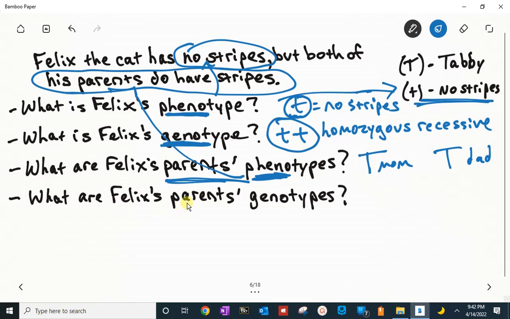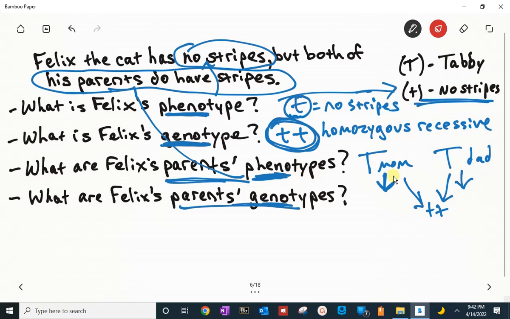Now, what are Felix's parents' genotypes? So now we need to find out both alleles for the mom and both alleles for the dad. Well, if we know that Felix doesn't have a capital T, if Felix just has two lowercase t's, then that means both the mom and the dad have to have each contributed a lowercase t to Felix.